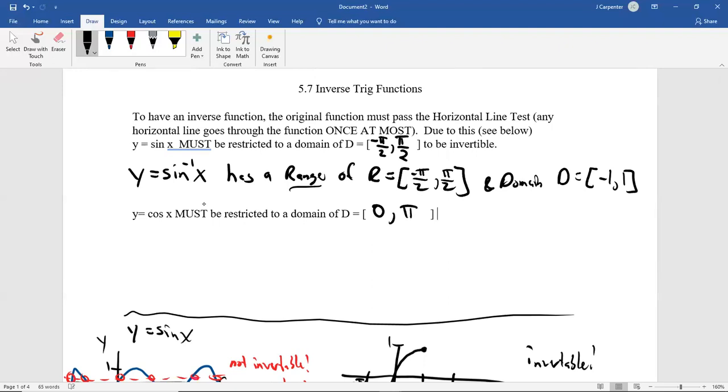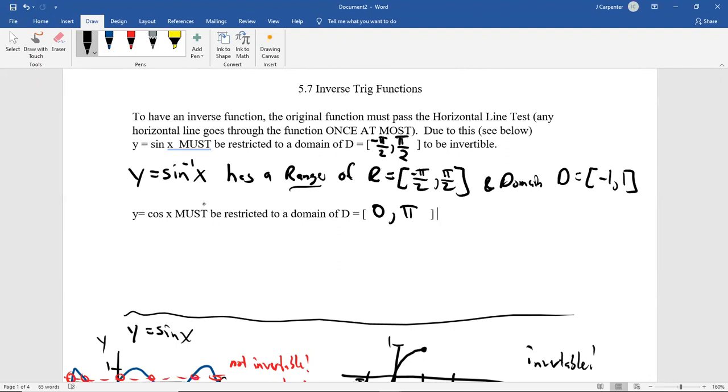Of course, it's not the same as sine. Why would it be, right? They always have these subtle differences, and you're not going to figure out and remember these subtle differences without practicing this stuff over and over, without taking notes and reading them over and over, going back to them, highlighting stuff, whatever. So cosine must be restricted to a domain of 0 to pi.